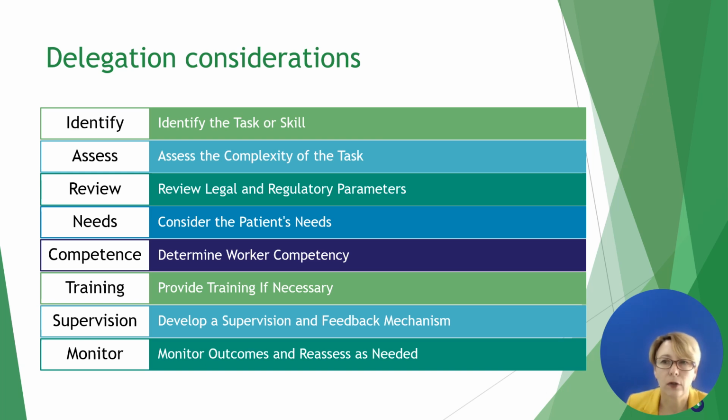It could range from patient care activities or administrative tasks like scheduling appointments, but be really clear about what the task is. The second point is to think about the complexity of the task and to a certain extent the risks of undertaking that task. So some tasks require more expertise or specialisation, whereas some can be performed by someone with fairly basic training and a simple instruction, or perhaps a protocol.